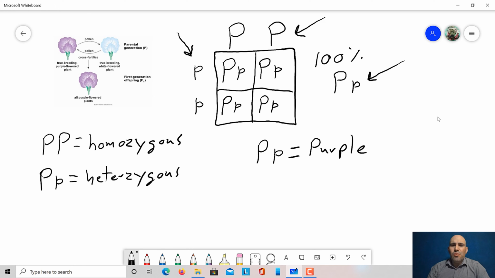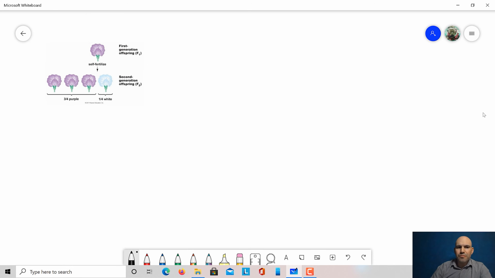And so this is why when Father Mendel crossbred his purple and white pea plants, 100% of the offspring were purple, and he said, wait, what happened? What happened to the white allele? Well, this is what happened.